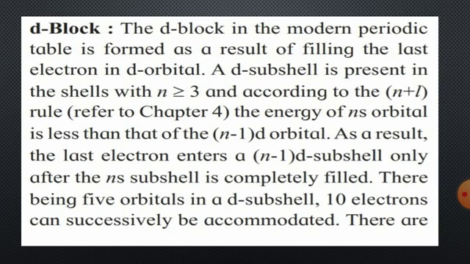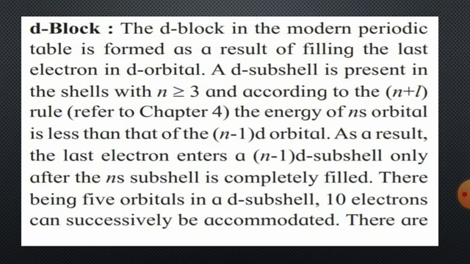As a result, the last electron enters the (n minus 1) d subshell, not the nd subshell. After the ns subshell is completely filled, the electron will move to the (n minus 1) d subshell, only when the ns subshell is completely filled.